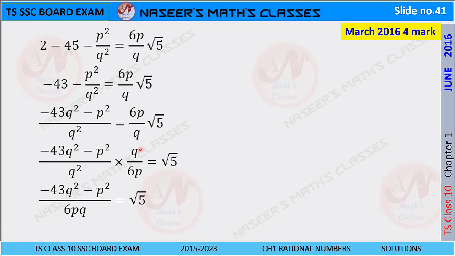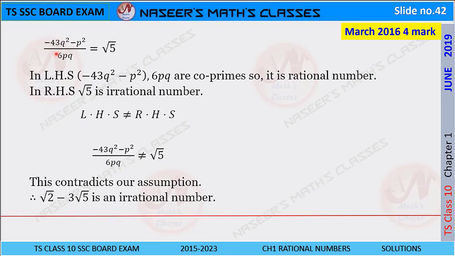Here we can cancel 1 q here and 1 q here. Then we can write it as (minus 43 q square minus p square) by 6pq is equal to root 5.